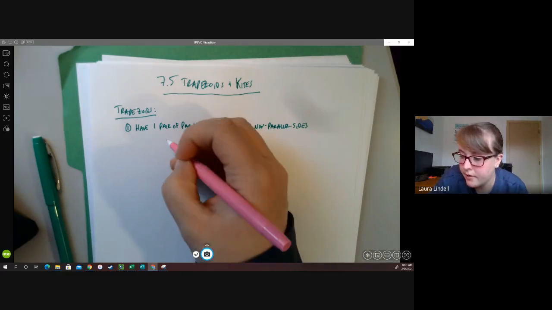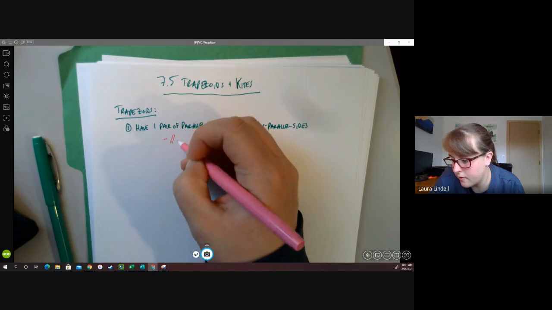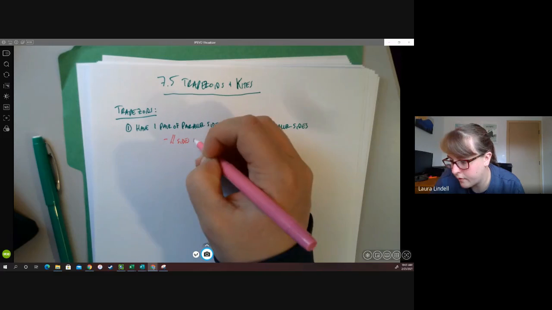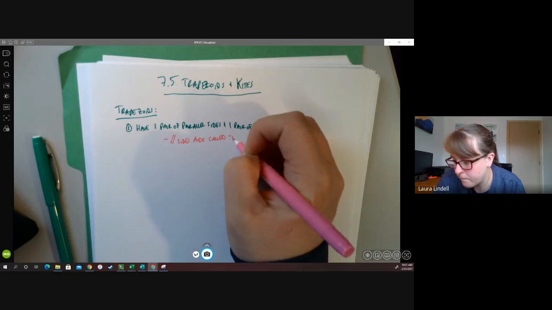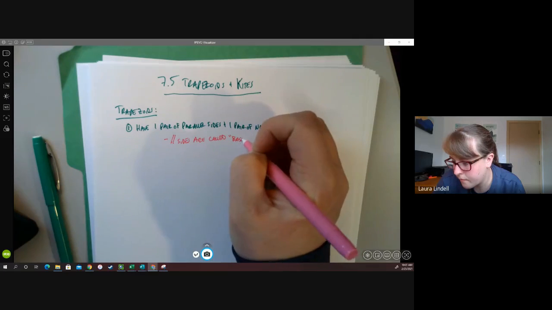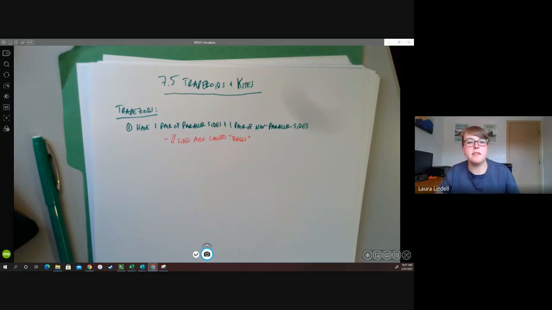The parallel sides are called the bases. Kind of like in the base angle theorem on an isosceles triangle, we named one side the base. Well, the parallel sides on a trapezoid are both called bases. A lot of times you'll see them referred to in formulas as B1 and B2, but we'll get to that in a moment. So that's the first thing.